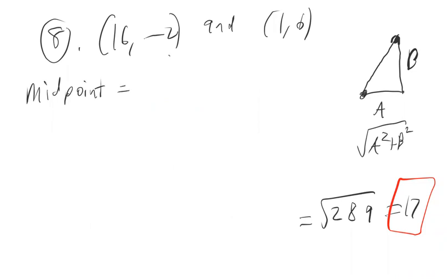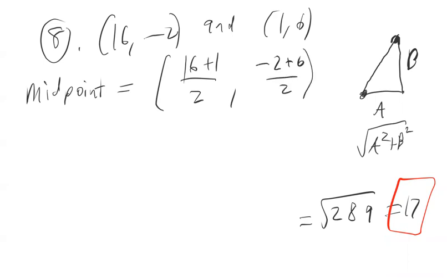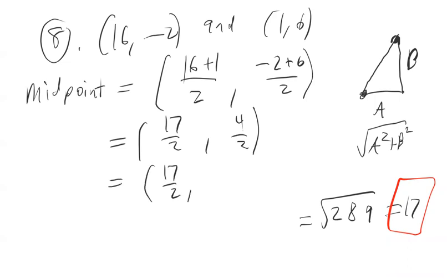So the midpoint is just simply the average of the first two numbers, the x's. So you add them up and divide by 2. And then it's the average of the second two numbers. You add them up and you divide them by 2 to get the average. So that equals 17 over 2, and then 4 over 2. And that breaks down to be 17 halves, comma, 2.